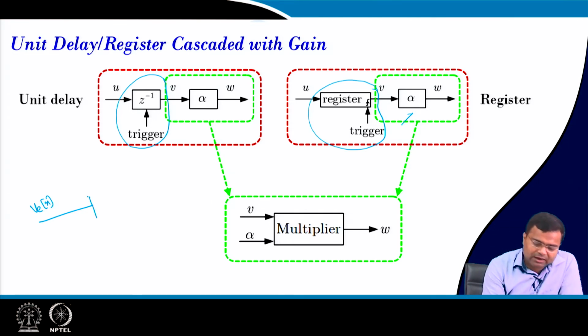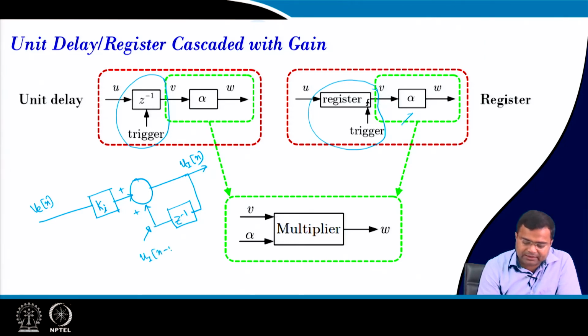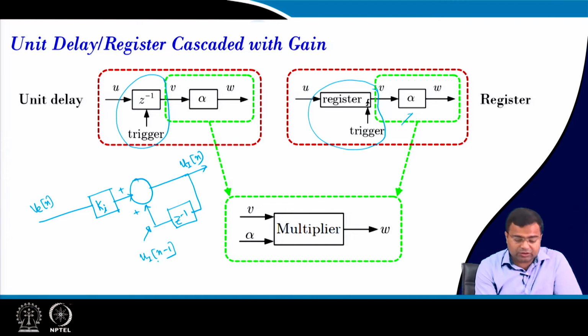First of all, it has to be multiplied with the integral gain, and this will be added with whatever is the output that will be delayed by 1 unit, and this is the output of the integrator. So, this part they are all added, this part is ui of n minus 1. So, we need a scaling factor as well as a delay.